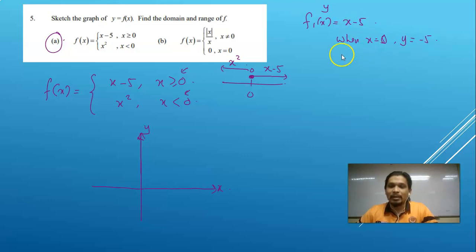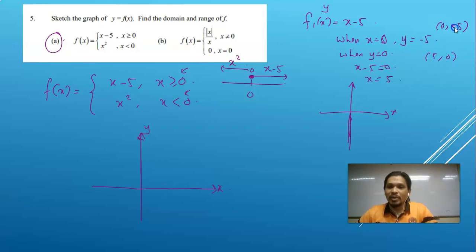And when y equal to 0, x minus 5 equal to 0, then x equal to 5. So the first coordinate is 0 and negative 5, another coordinate is 5 and 0.